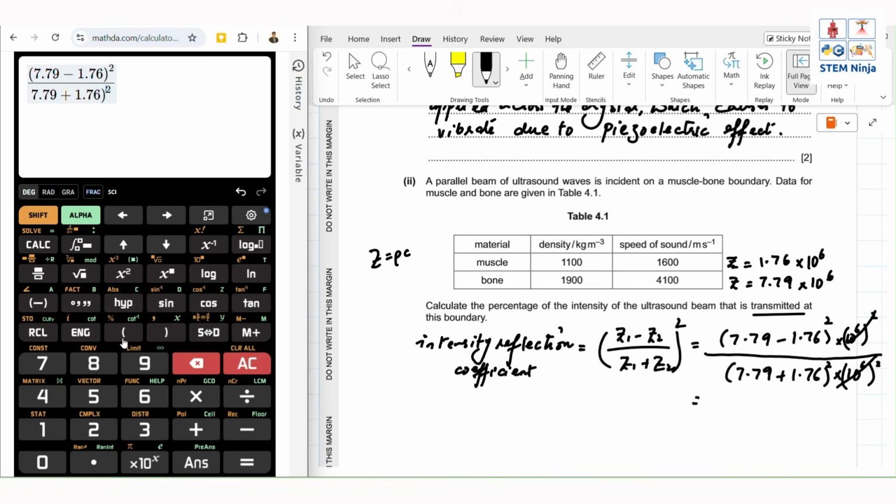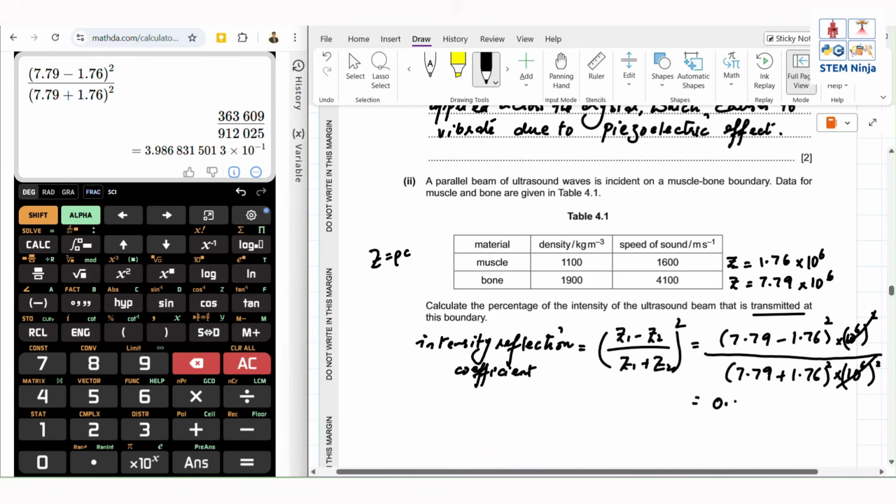Oh, my bad. So 0.3986, or 0.39 you could say, or 39%.